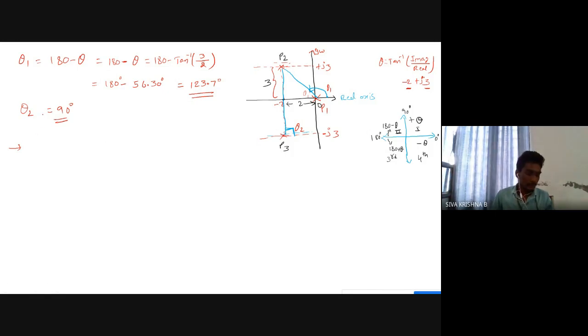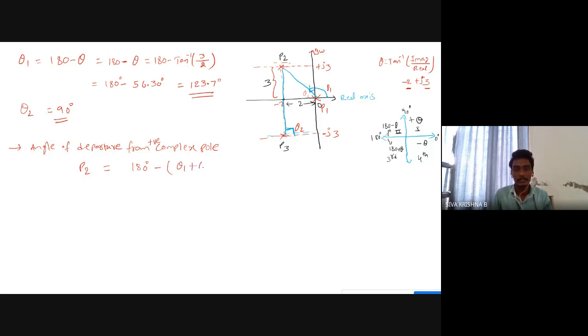Now the angle of departure from the complex pole, the positive complex pole P2, is equal to 180 degrees minus the sum of theta 1 plus theta 2.